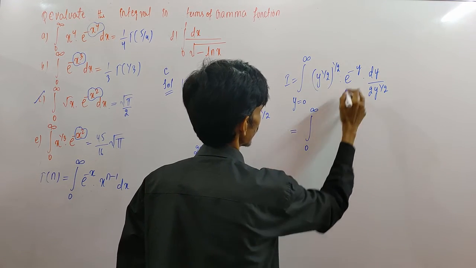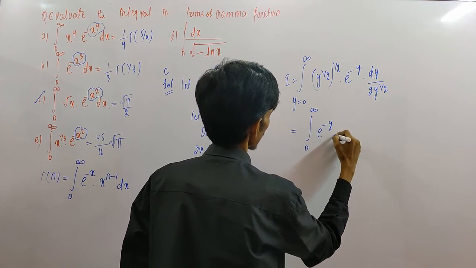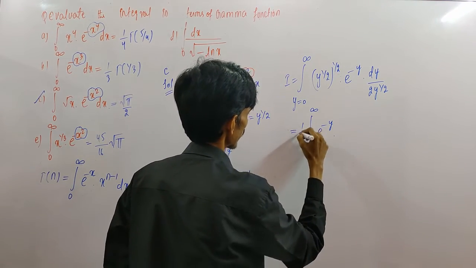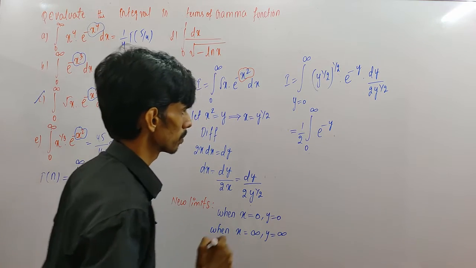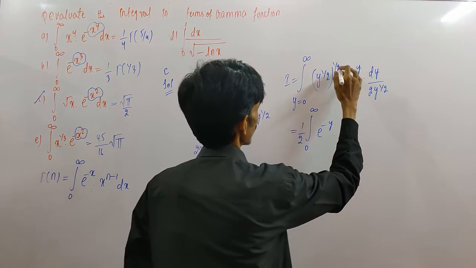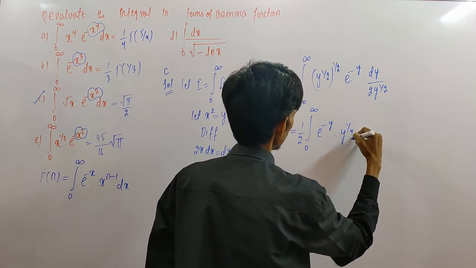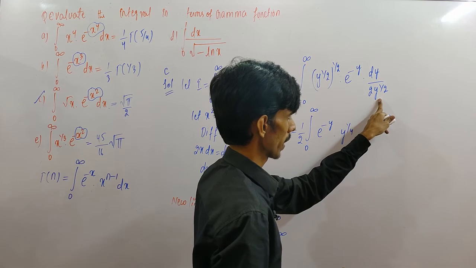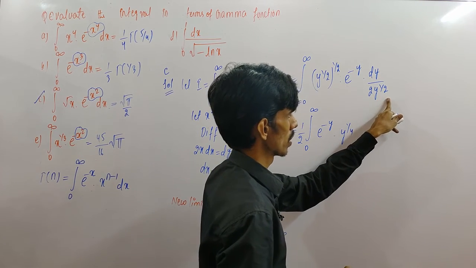That equals integration 0 to infinite e power of minus y as it is. Here we have 2, so take 1 by 2 outside the integration. y power 1 by 4. Take this to the numerator, it will become y power of minus 1 by 2.